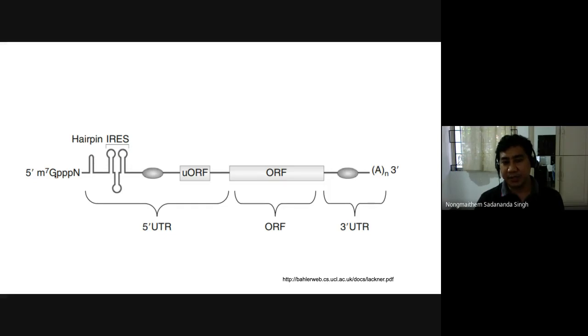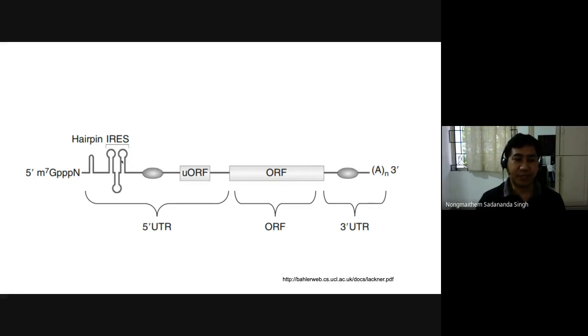So the strategy of the virus is that it doesn't allow M7G cap-based translation and allows the loading of the ribosomes directly by recognizing these secondary structures.